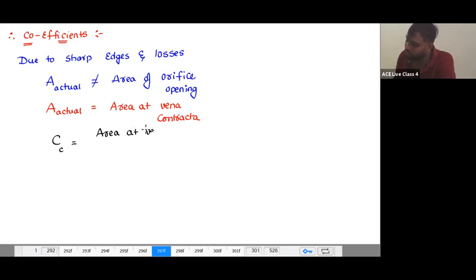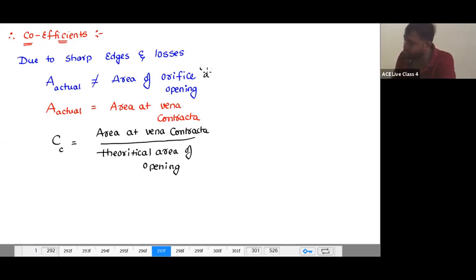Area at vena contracta by theoretical area of the orifice opening.